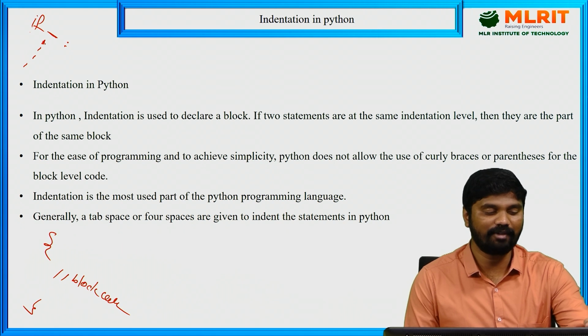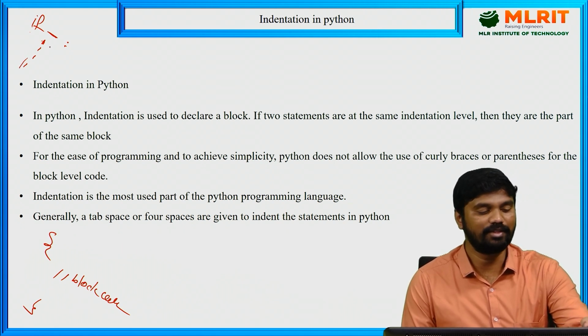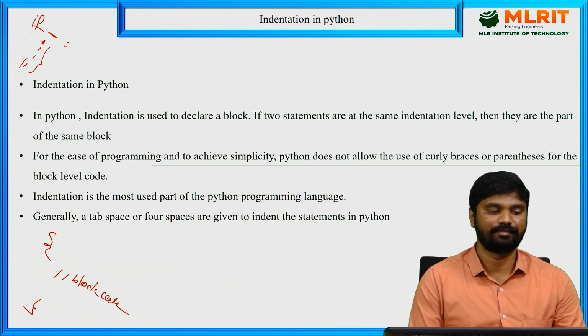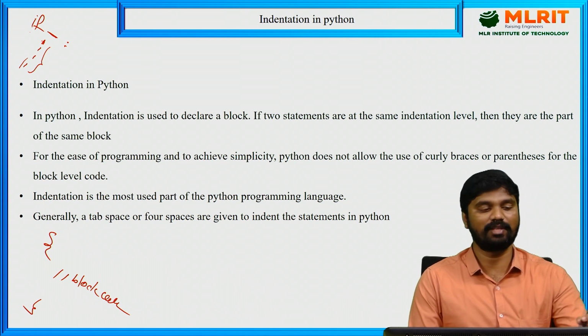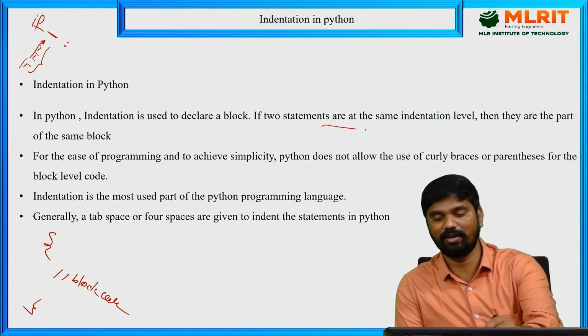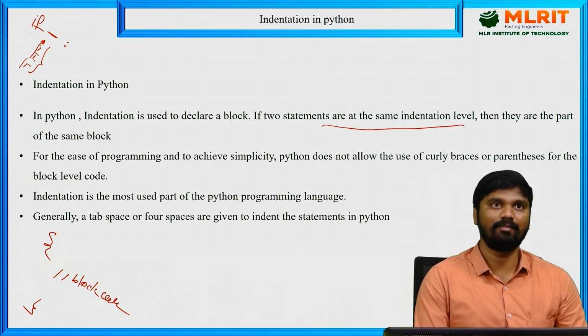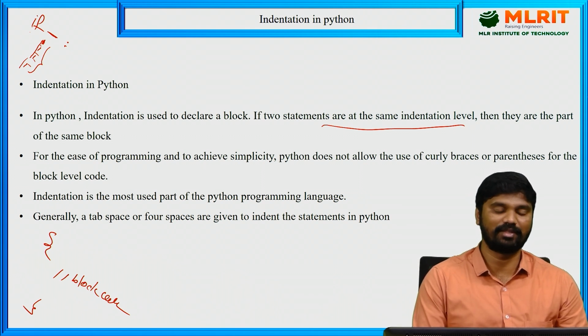Whenever we write the statements with the same space, these statements represent that if block. So indentation is used to declare a block. Whenever multiple statements are at the same indentation level, they are part of the same block. That is indentation, which means a space.